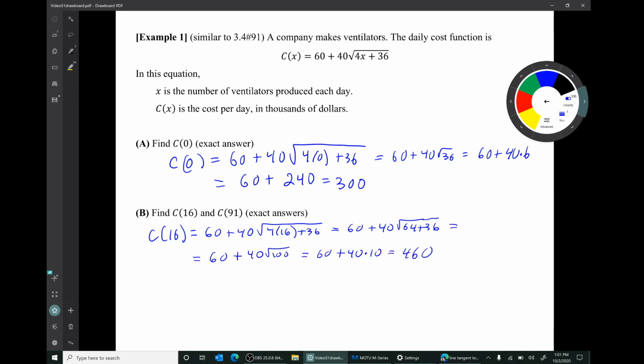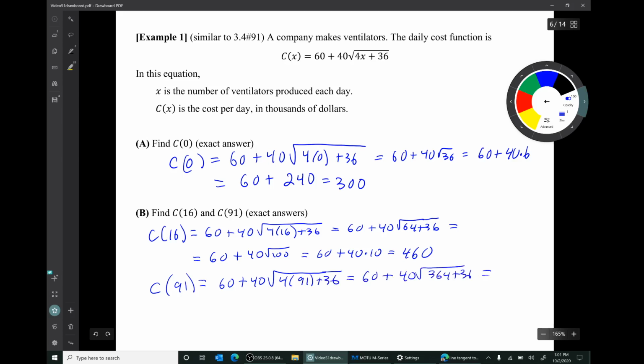C of 16 is the number 460. And C of 91 is 860.